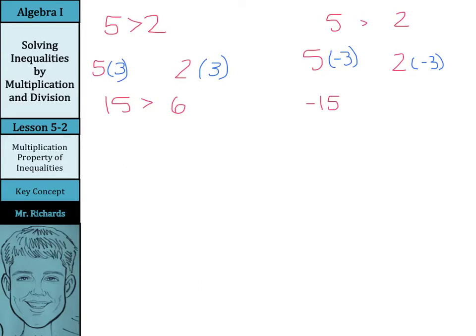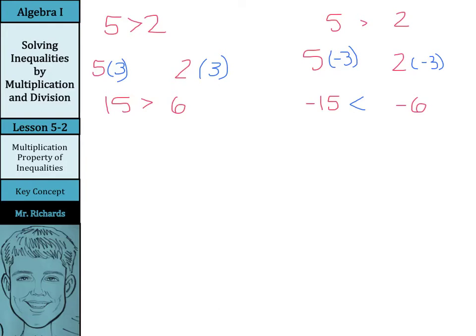And 2 times negative 3 is negative 6. Well, it's not greater than now. Negative 15 is not greater than negative 6. Negative 15 is less than negative 6. Now, this example illustrates the multiplication property of inequalities.